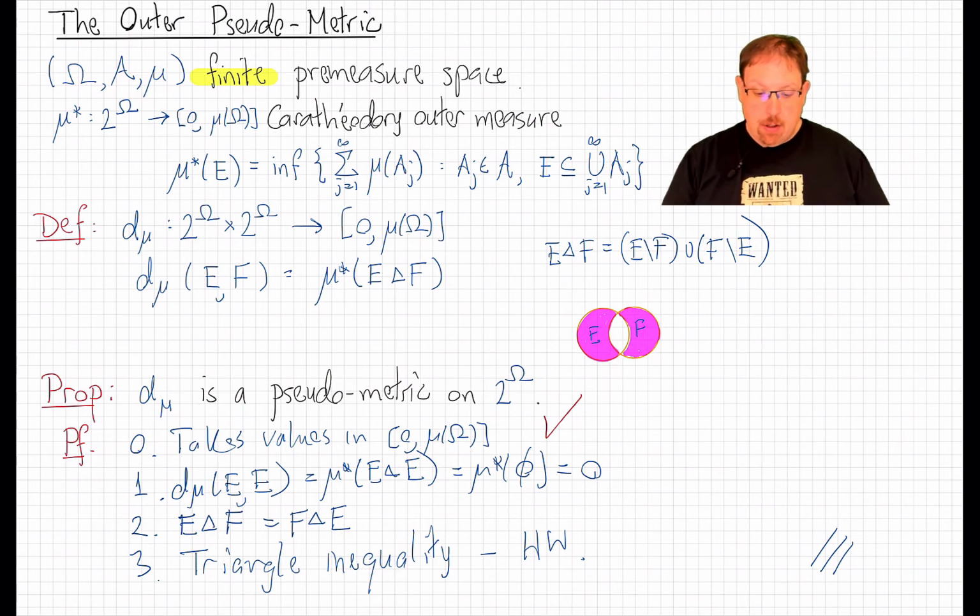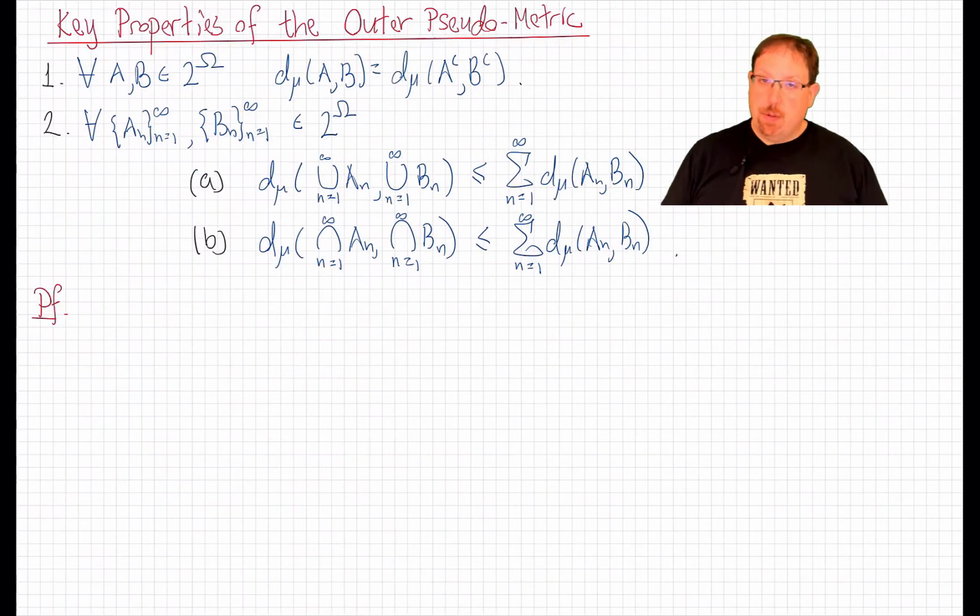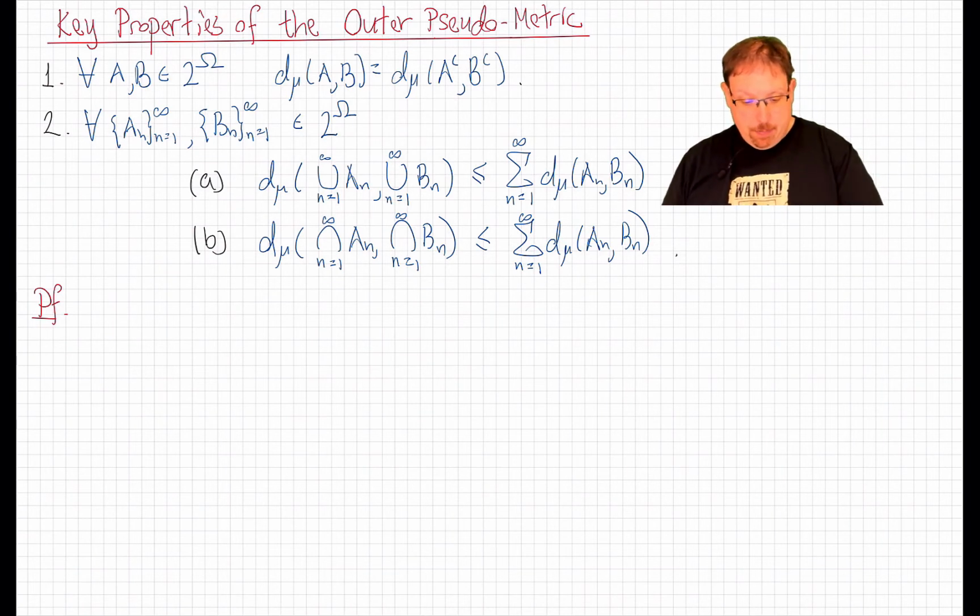Before we get there, we need a few computational properties of the outer pseudometric. And here they are. We will see that the outer pseudometric respects complementation. The distance between A and B is the same as the distance between A complement and B complement.